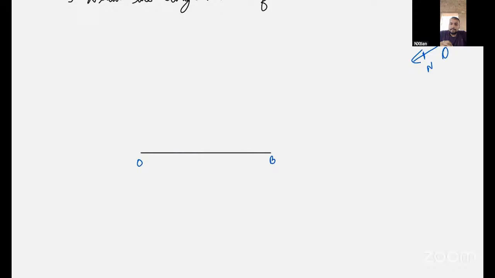Right side. So if it is on the right side, then you have to start from 0 on the right side. Everyone got this?